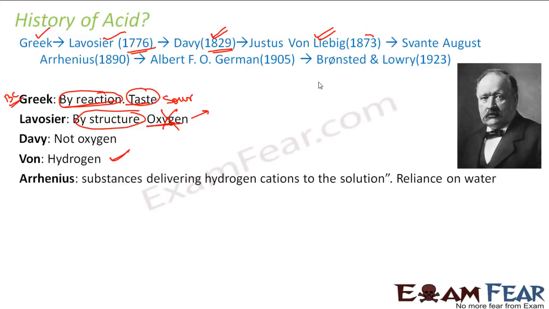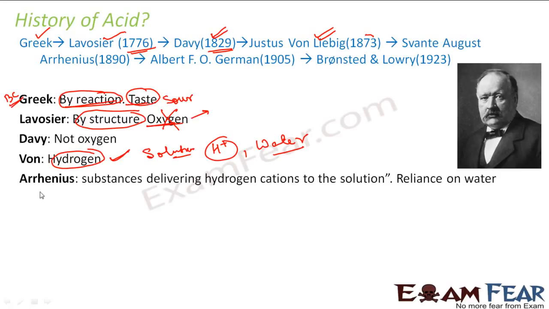Till this point they were relying on solutions of hydrogen cations, and they were relying on water, because what they were doing was they had some solid thing, they used to put it in water and then they used to create acid out of this.